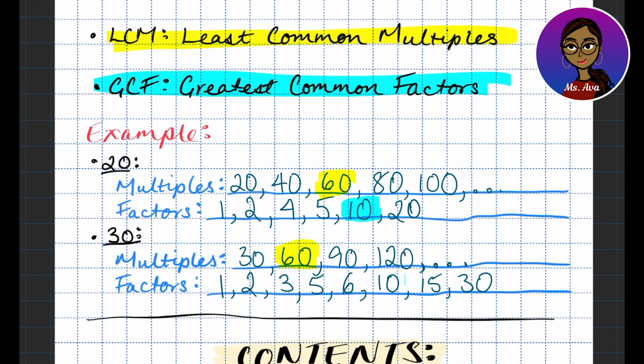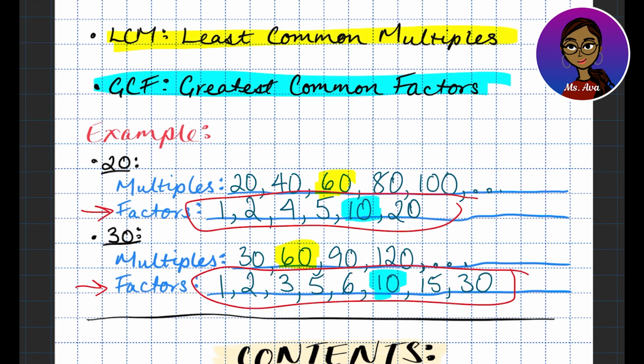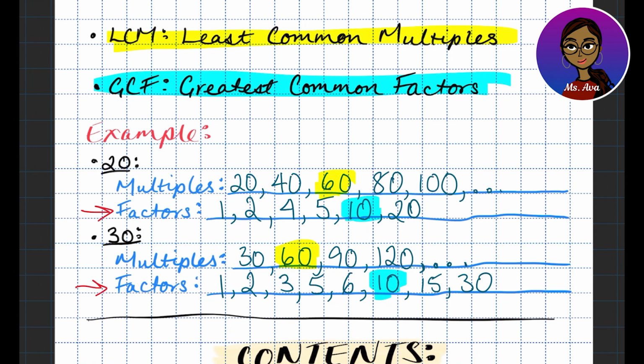Yes, exactly. There are multiple factors that they have in common. There's the 1, 2, 5, but the biggest one is 10. So that's the greatest common factor. So another thing to note here about the two lists is you can see that the one for the factors is a finite list, whereas for the multiples, it is an infinite list.